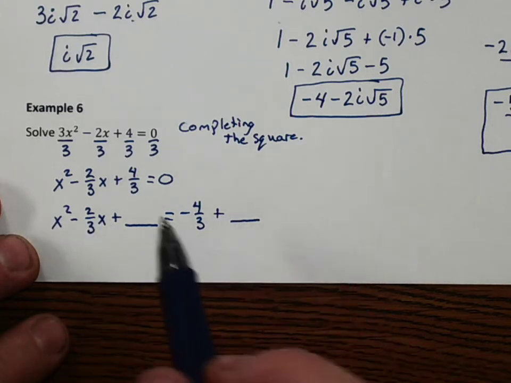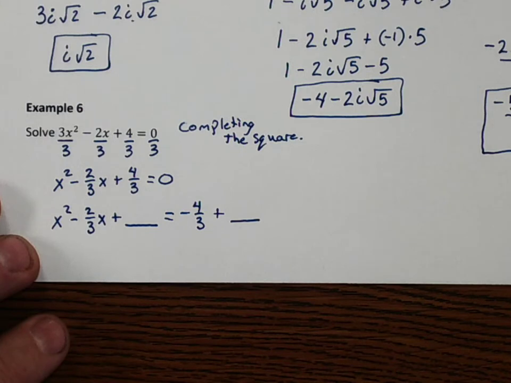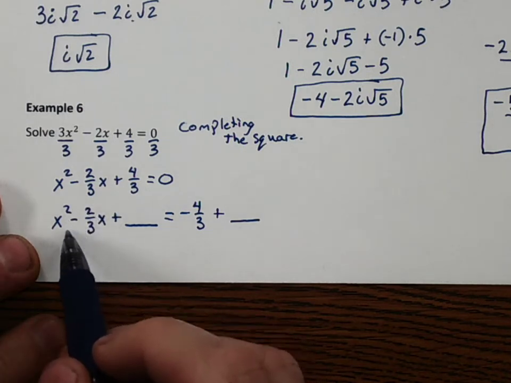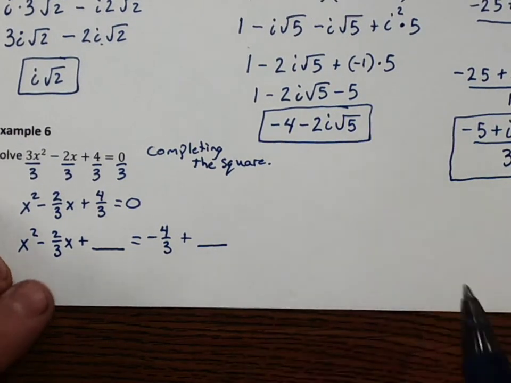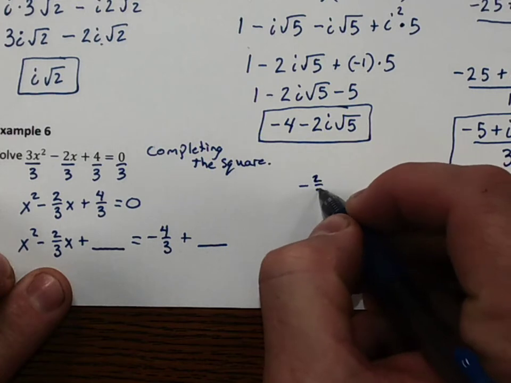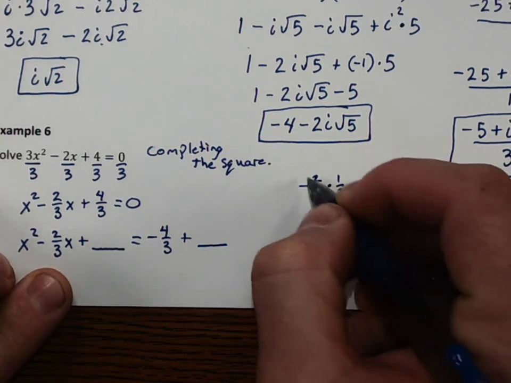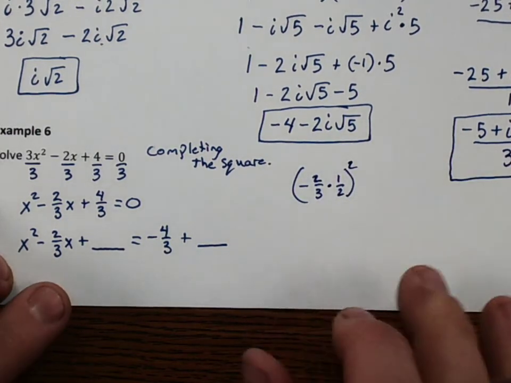So the question is, what is the thing that completes the square? Well, you look at your b value. You look at the coefficient of your x, your linear term. This b value is negative 2/3. You take half of the b value and then you square it.